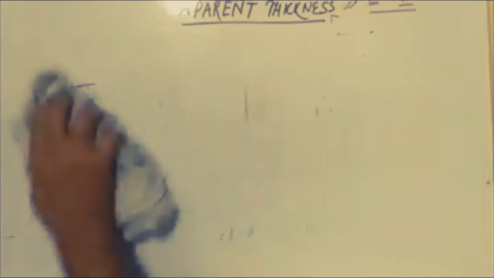I think the idea about the apparent thickness and true thickness is clear to you. For the drawing, after plotting the geological map from your cross section, you can easily identify the true thickness and apparent thickness. Otherwise, with the help of the Pythagorean formula, AB square plus BC square is equal to AC square, and with the help of cos theta, you can identify the true thickness and apparent thickness.